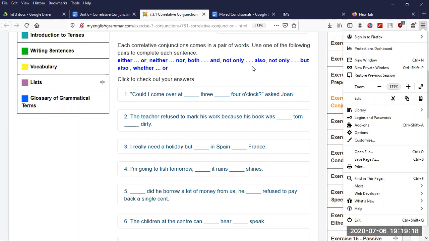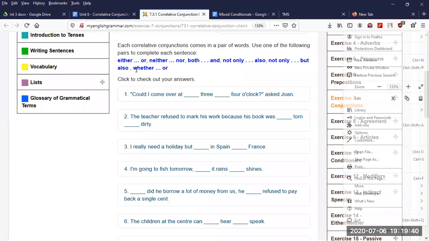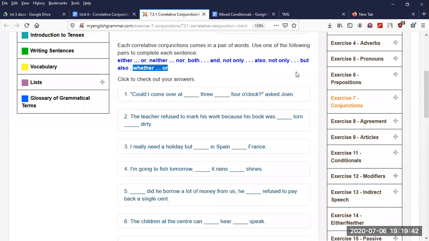Not only also is when we are giving a surprising opinion or a surprising fact, and it's largely used negatively. So these are all in the platform, but whether or is not. So if we come to a whether and all, I will complete that.